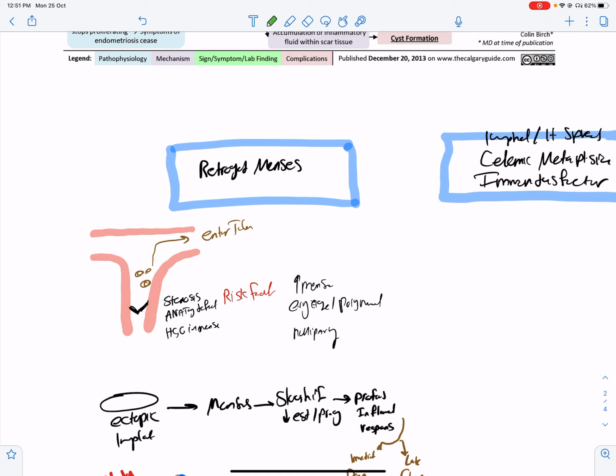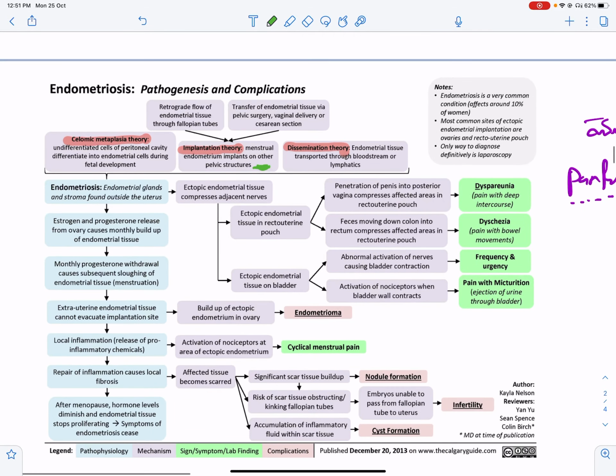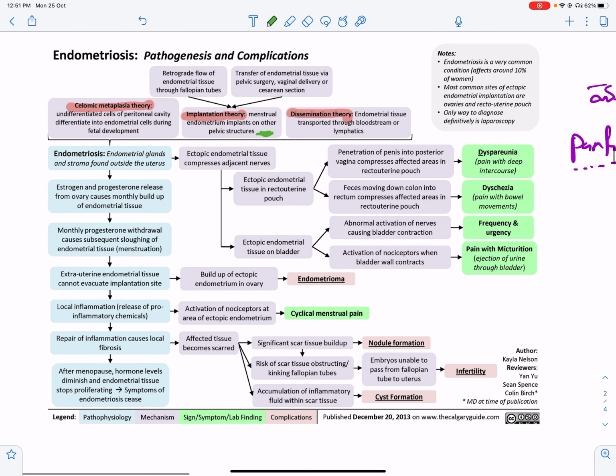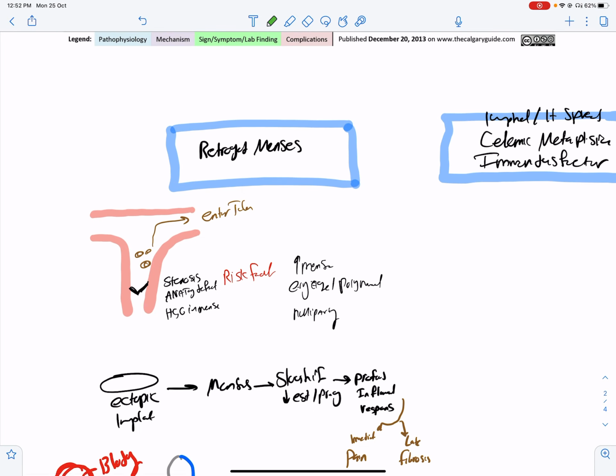Because they didn't get pregnant, there is more menses in their life, so that's why they become more susceptible to retrograde flow. Now, during normal delivery or cesarean section, this also might cause implantation to other areas.